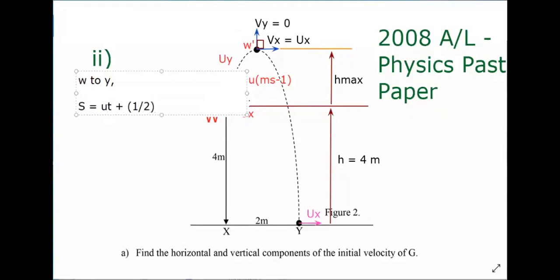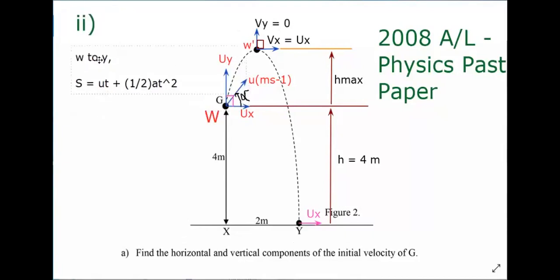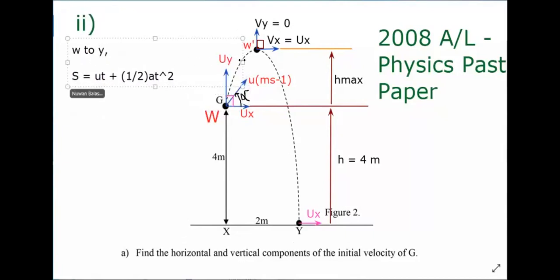So here I'm answering question Roman number 2. I apply this equation along the horizontal direction. Therefore, let me indicate the direction. In all projectile motion questions, you must indicate the direction.